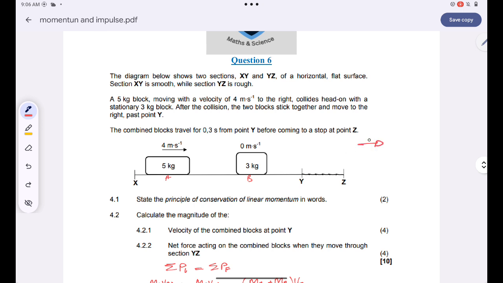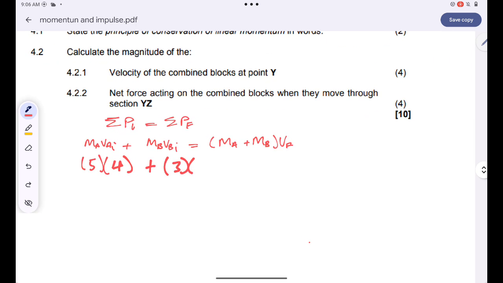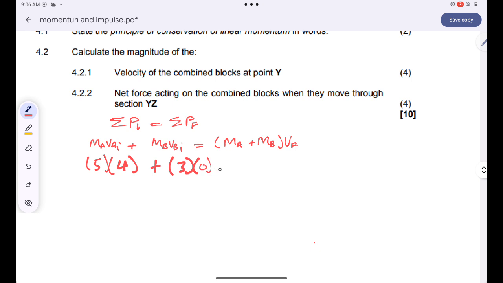Any direction towards the right or the eastern direction is positive. So that means the velocity of the 5 kg block is positive 4, and then I have a 3 kg block which was stationary. That means the velocity is just 0 meters per second.